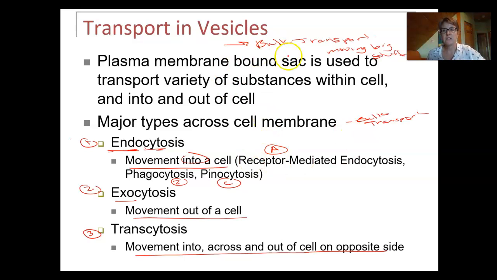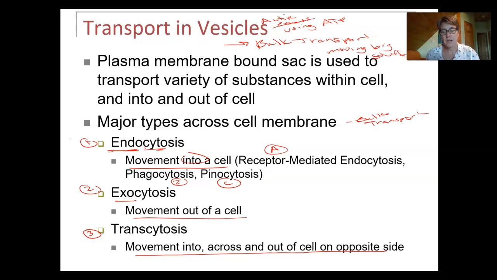And I've used a lot of energy, right? So this bulk transport is using ATP. So it's an active process. Don't forget that, because I'll say, hey, what's an example of an active process? And you'll be like, oh, diffusion. And I'll be like, no, it's not diffusion at all. It's passive.